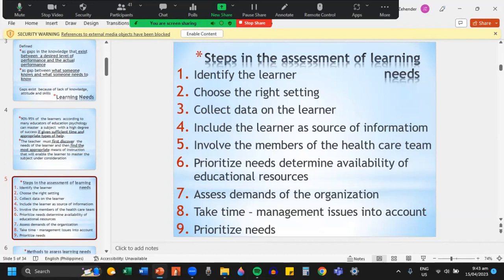Meron din respiratory therapy room for our RT students. In each of those rooms I've mentioned, nandun na yung mga needed na equipment, yung mga monitors, yung patient bed with a mannequin in each one, so as to provide simulated learning, which you cannot get from a regular classroom.